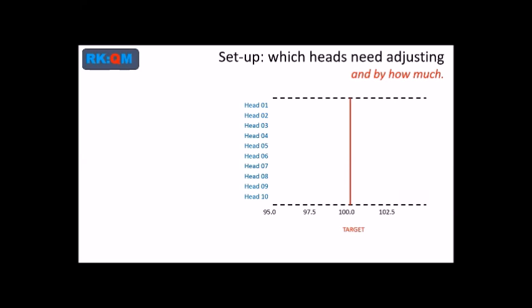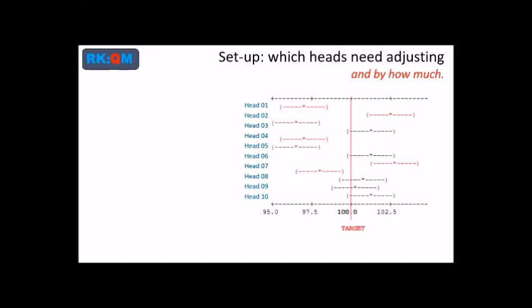One of the classic causes of poor setup or incorrect setup is trying to set up a machine by taking just one measurement per head. For this illustration of a correct setup, I've taken 3 measurements from each head and now have a clear picture to decide whether and how each head is to be adjusted.